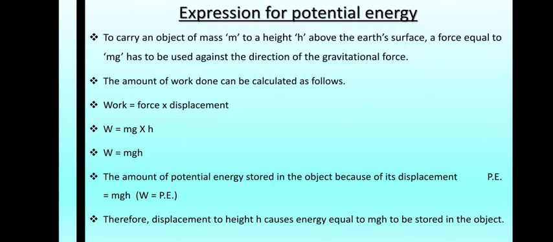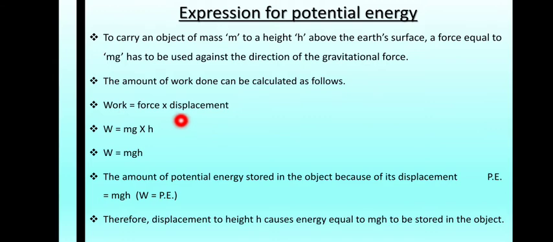Now how will you derive the expression for potential energy? So here it is, to carry an object of mass m to a height h, because we are saying it has to be placed at some height above the earth's surface, a force equal to mg, that is mass into acceleration. Here acceleration will be given by gravitational pull, because gravity is pulling the object towards the earth, has to be used against the direction of the gravitational force. So the amount of work done can be calculated by a very simple equation.